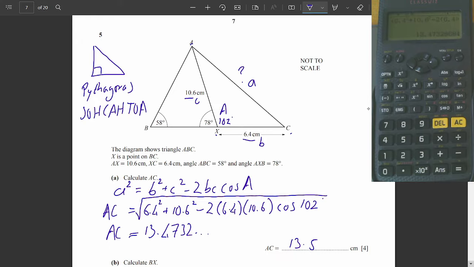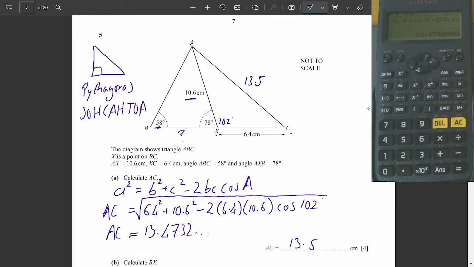Question 5b, calculate BX. So let's just get rid of a bit of this clutter. Okay, keep the important information. BX, we want to know this one here. Okay, what do we have? We've got an angle here, 58, and the opposite sides.